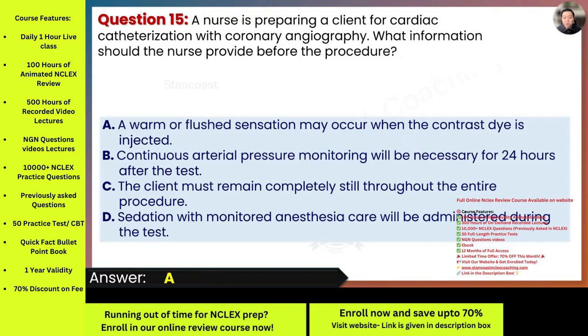They're not supposed to be completely immobile during the entire procedure because they are going to be instructed to cough or maybe take deep breaths. And the use of minimal to moderate sedation is usually enough. And monitored anesthesia care is not really something that is expected in most cases. Number 16.